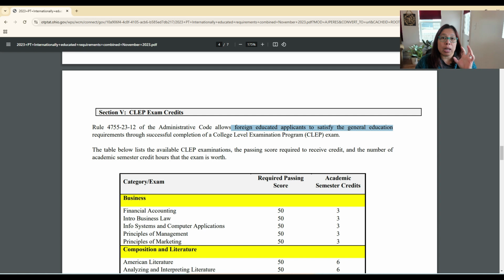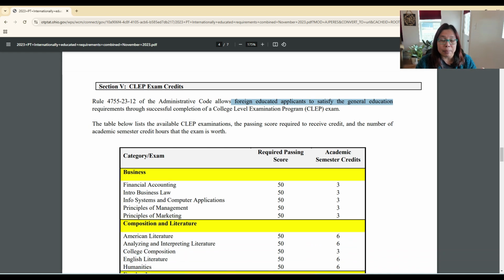So if you are lacking general education, you can actually take the exam. If you receive a passing score, you can request that score to be submitted to the state of Ohio or to FCCPT and/or other credentialing agency, and they will actually accept it.